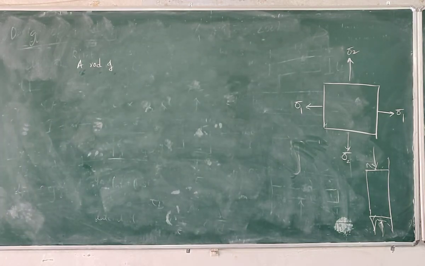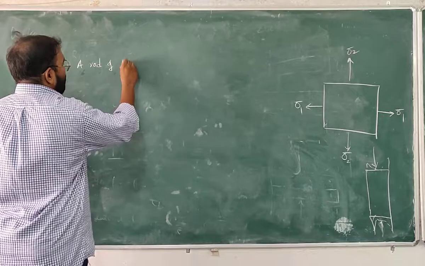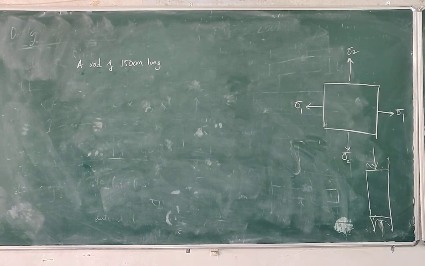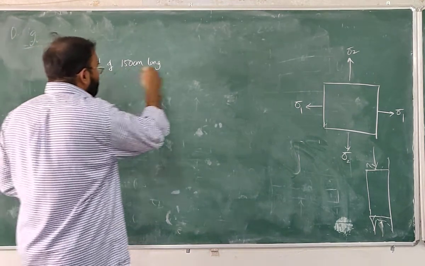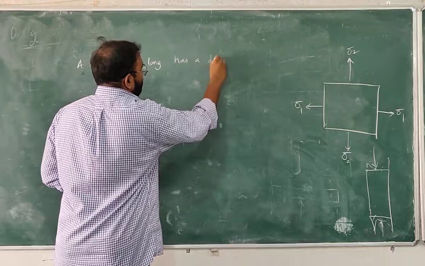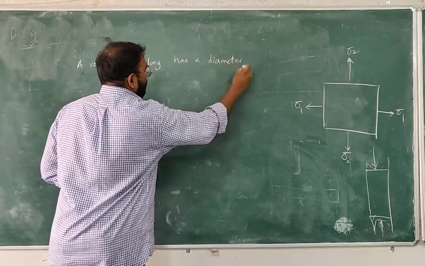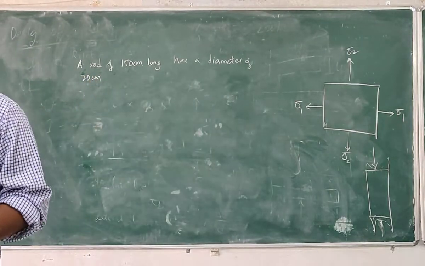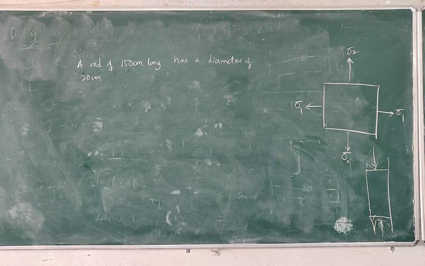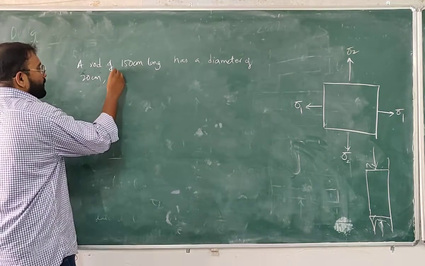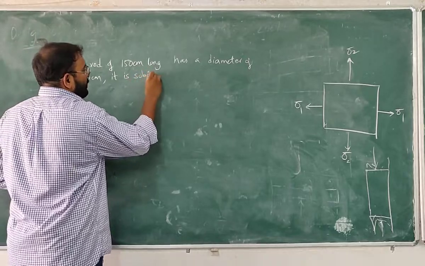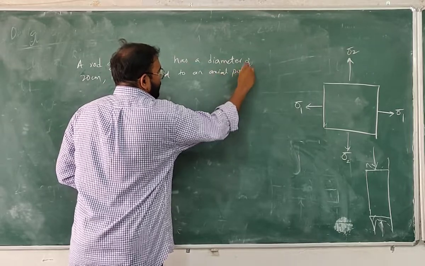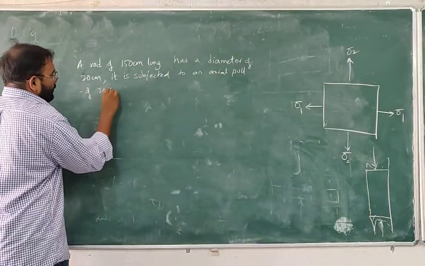A rod of 150 centimeters long has a diameter of 20 centimeter, it is subjected to an axial pull of 20 kilonewton.